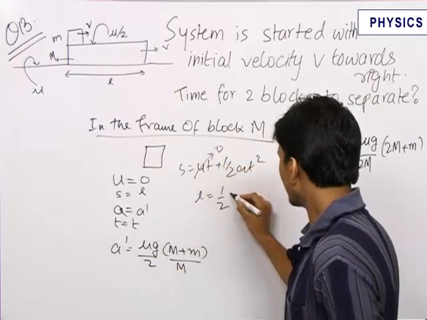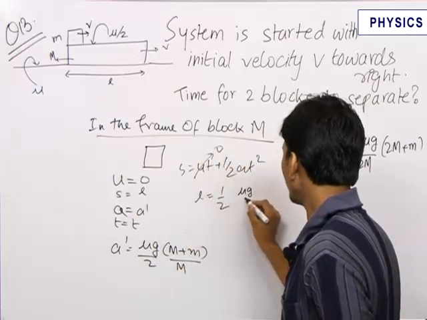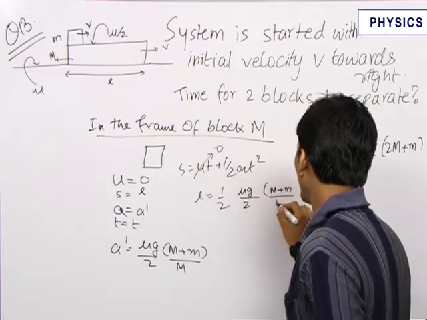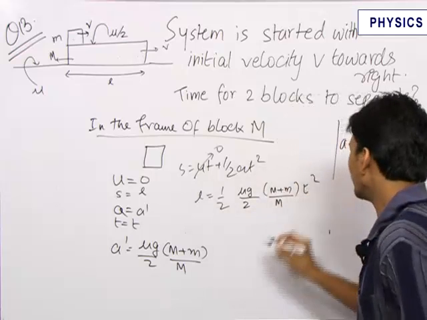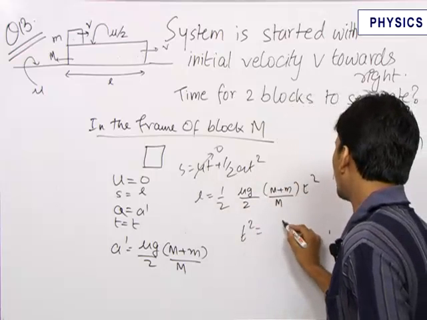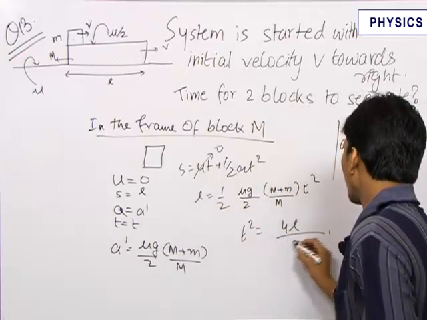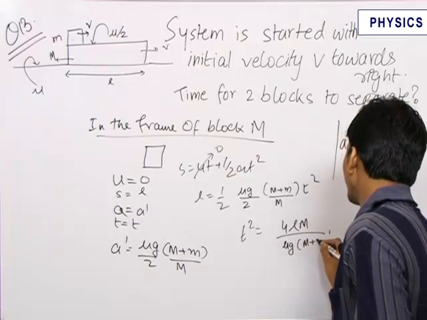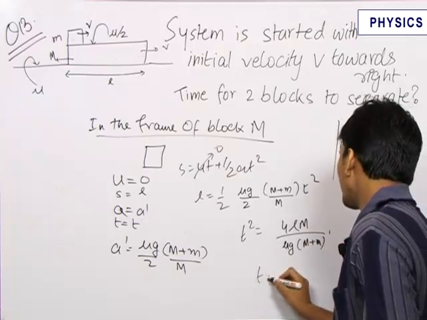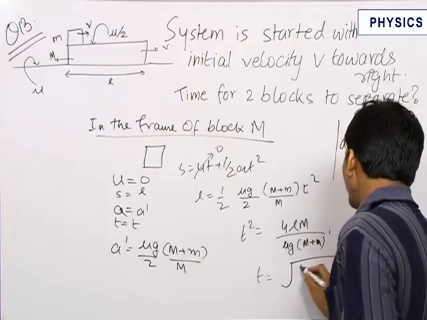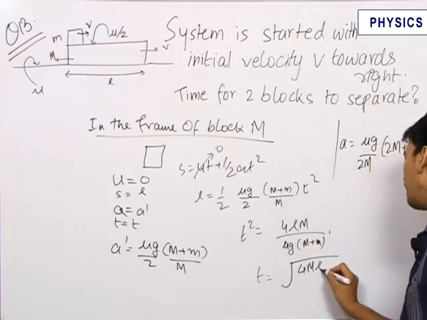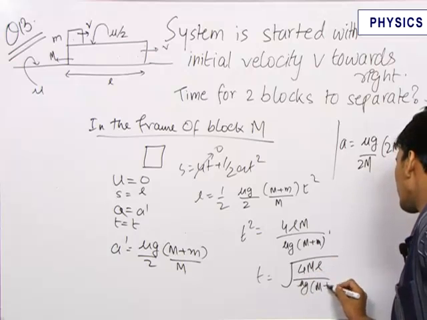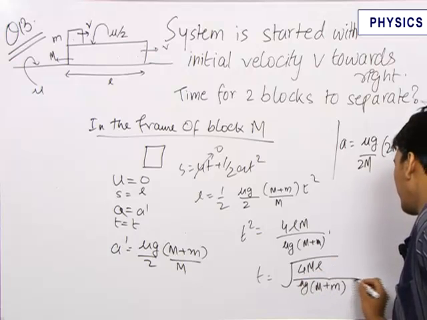So we write it as mu g upon 2 into (M plus m) upon M into t square. T square becomes equal to 4LM upon mu g into (M plus m). So the time taken becomes equal to root over 4ML upon mu g into (M plus m).